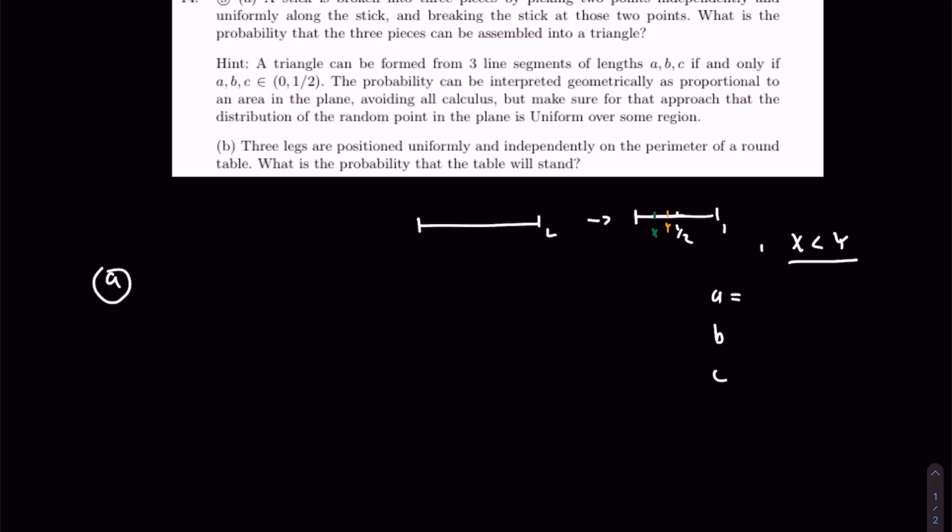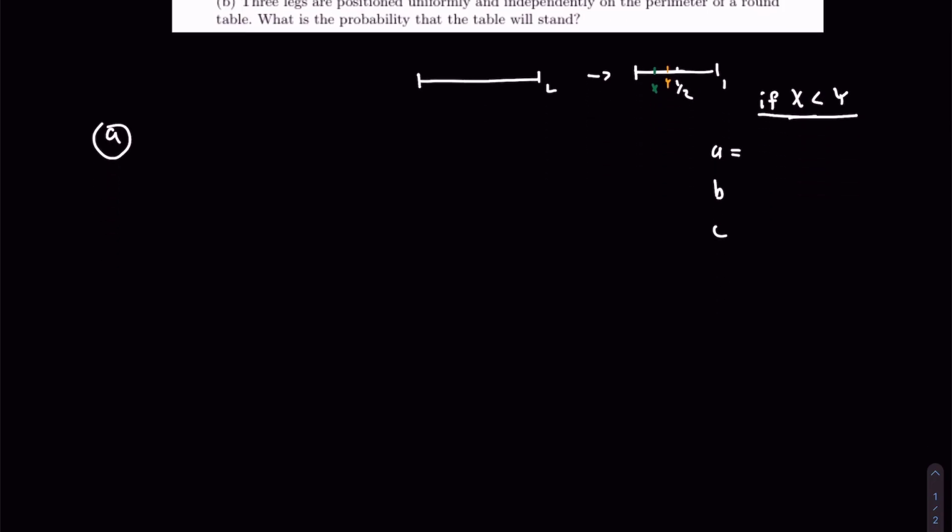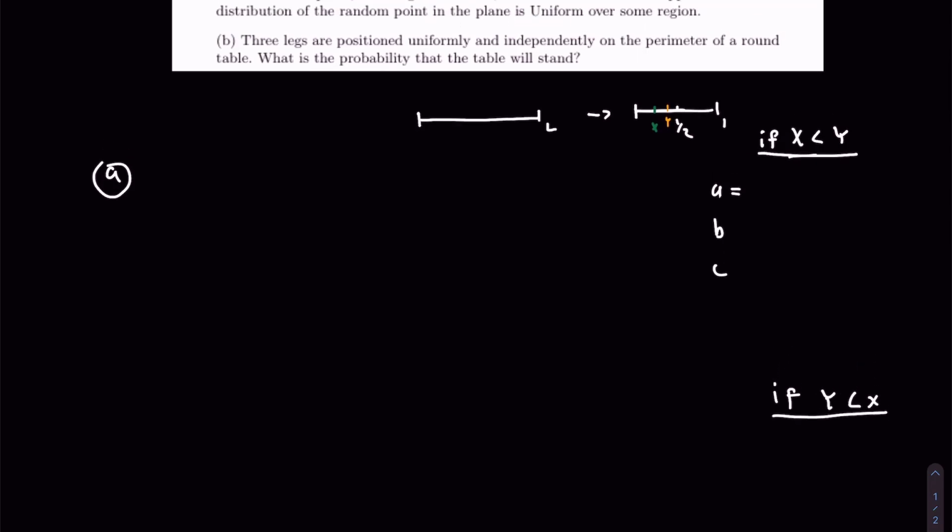We will also consider the reverse, where x is larger than y. Because basically we can have the reverse points landing: x would be here, y would be here. So these two situations will be symmetrical.